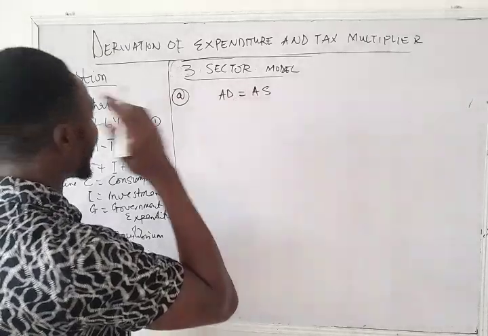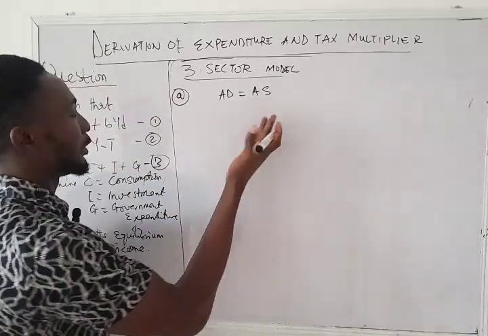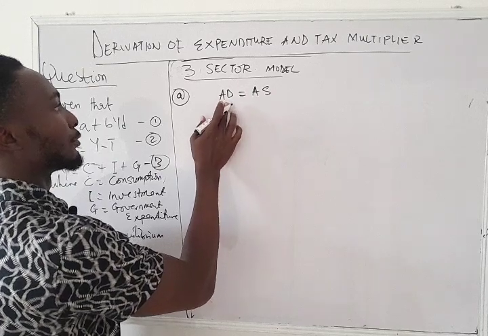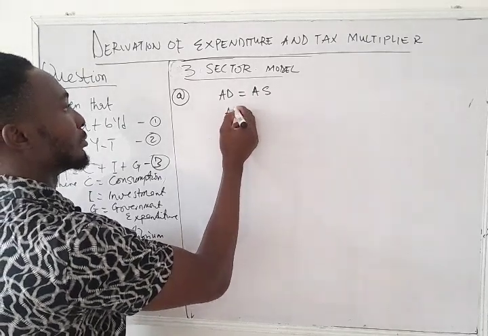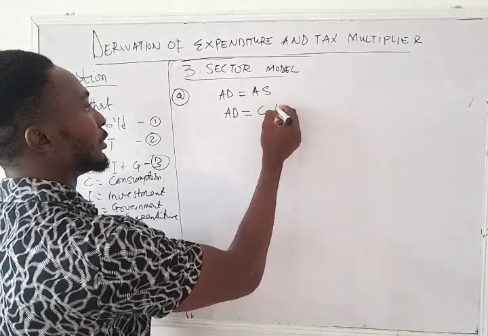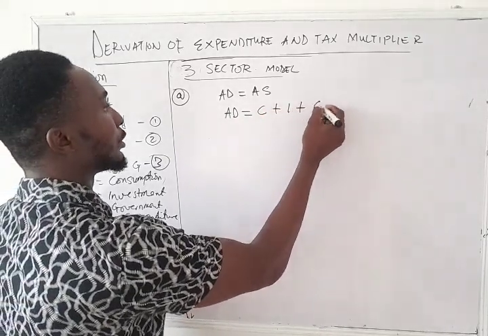Aggregate demand is otherwise known as aggregate expenditure. So if we bring out the aggregate demand, we are going to have aggregate expenditure, which is equal to C plus I plus G.